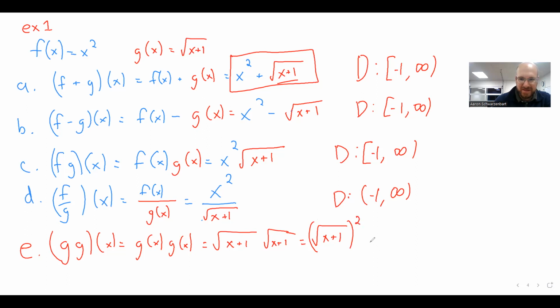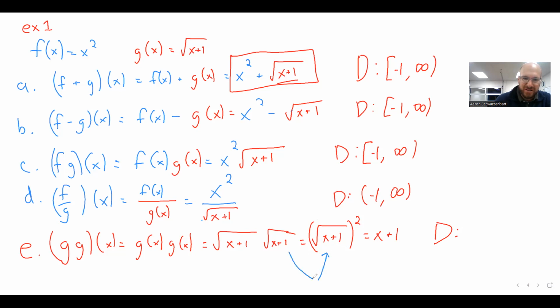This is where domain gets a little tricky. Square root of something squared is x plus 1. The problem is with my domain, x plus 1 would be a domain of all real numbers, or negative infinity to infinity. But my original function g didn't allow for that.